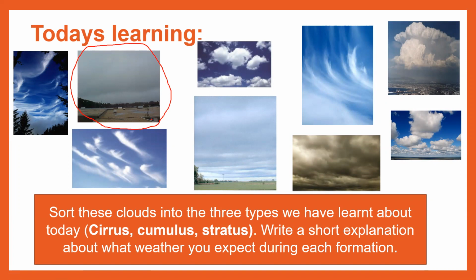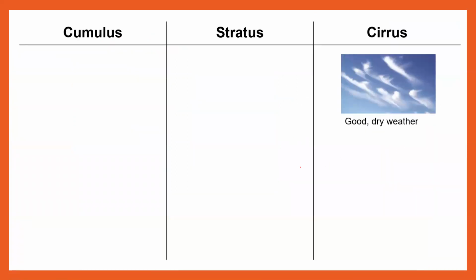If you saw a cumulus cloud, what type of weather would you expect? And if you saw a cirrus cloud like this, what sort of weather would you expect? Just write a short explanation about this at the bottom of your tables here.